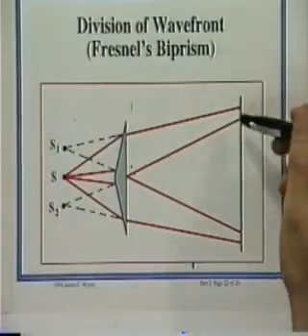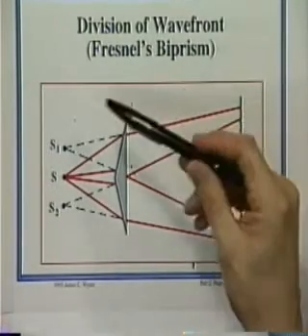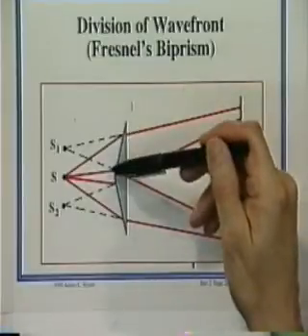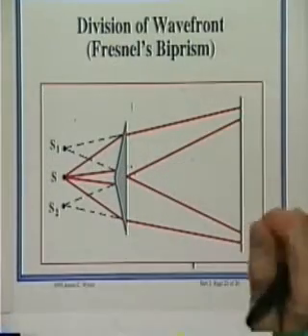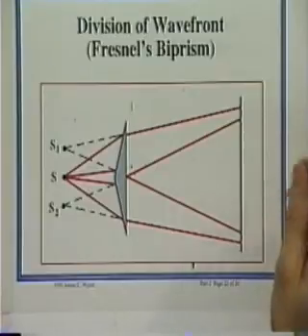Again, interference of two spherical waves. And again, division of wavefront. Pick off a portion of the wavefront here, a portion of the wavefront there, combine the two, get interference fringes here. Okay.